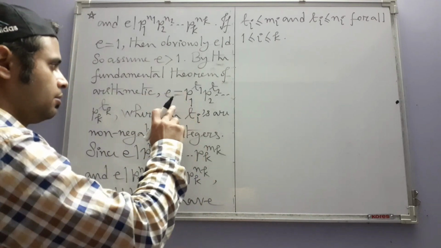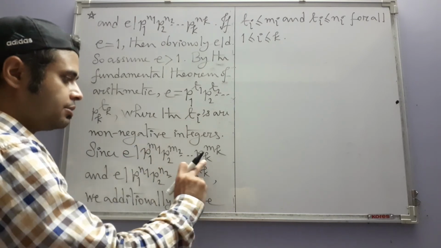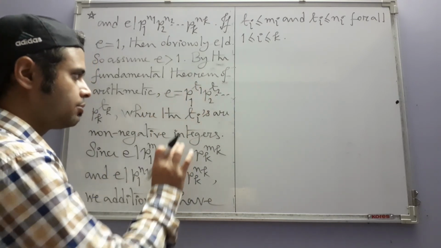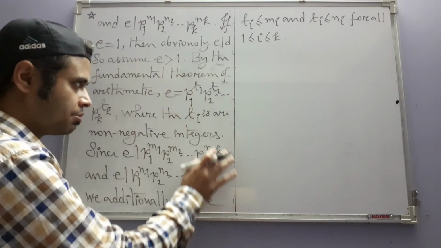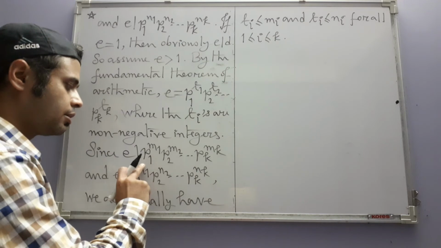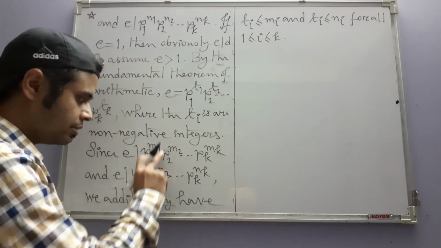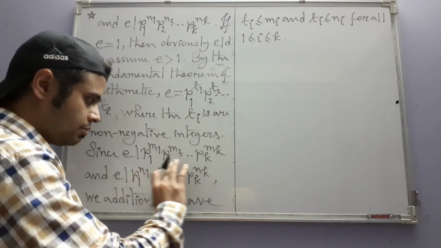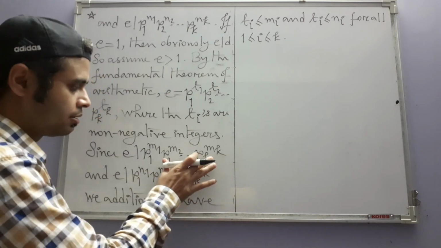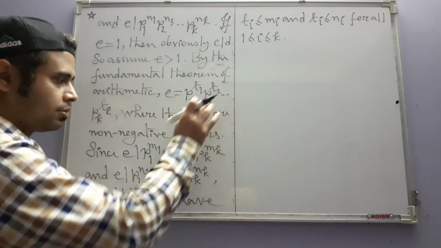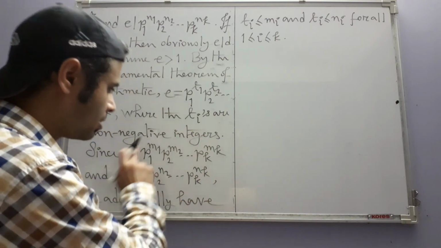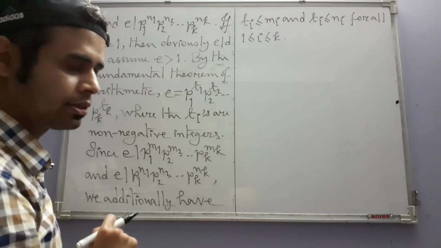Because E dividing this means what? p1 to the power t1, that power alone is also dividing this, because that divides E. But then if t1 is greater than m1, that will fail to divide this. The rest of the things in this number don't play any role in this division of this integer by p1 to the power t1.